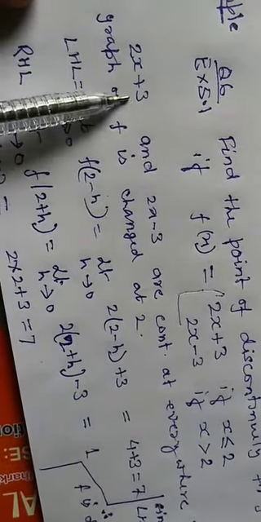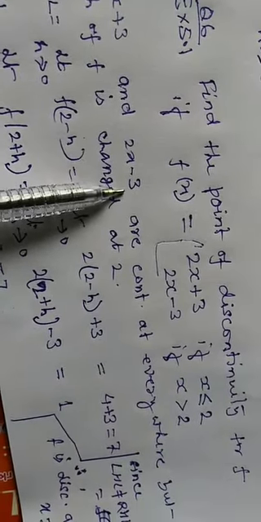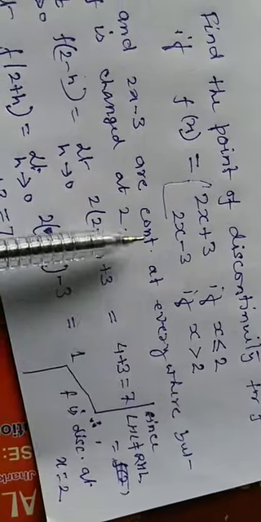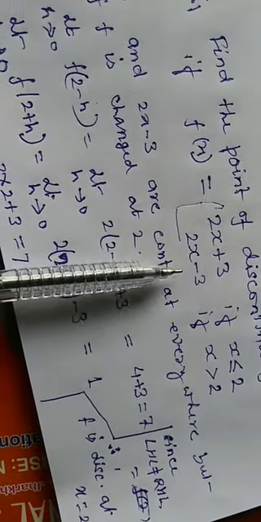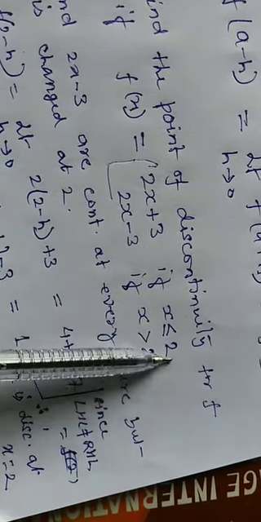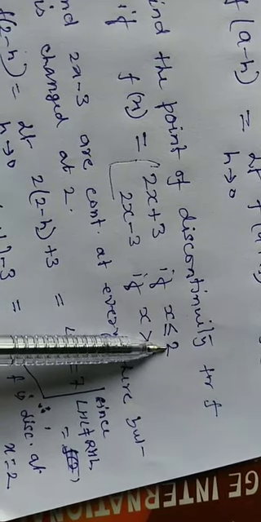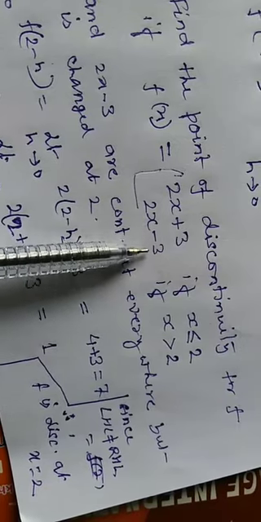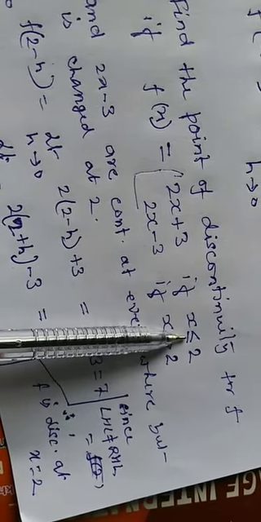So let us see here, 2x plus 3 and 2x minus 3 are continuous everywhere because these are linear equations. So if we draw the graph, it is continuous. But let's see it at 2 because f is being changed. The graph has changed here at 2. For less than 2 it is 2x plus 3 and for greater than 2 it is 2x minus 3.